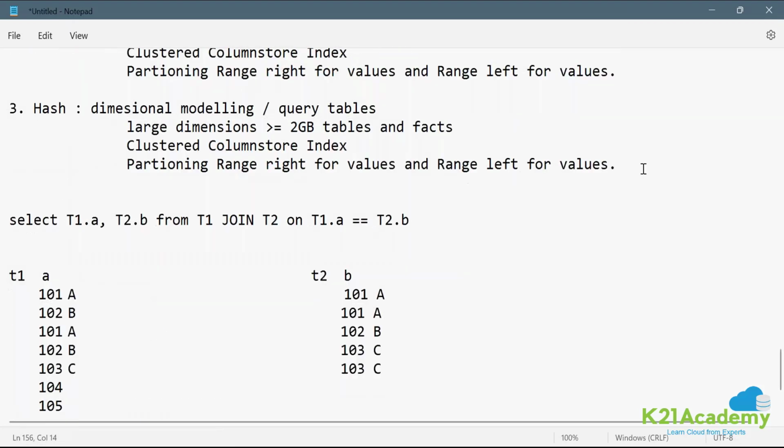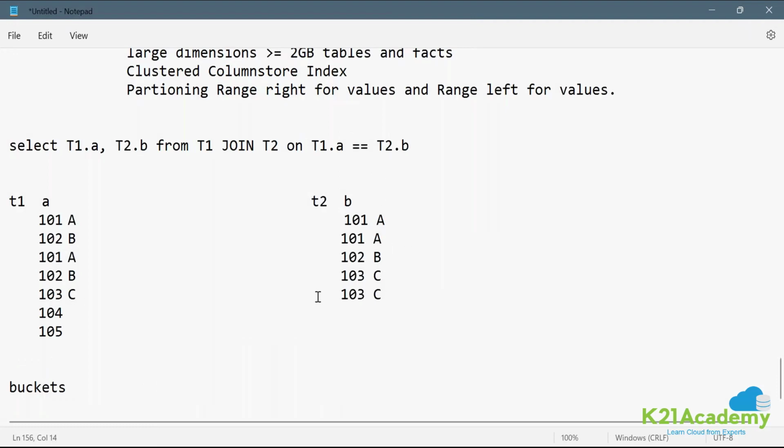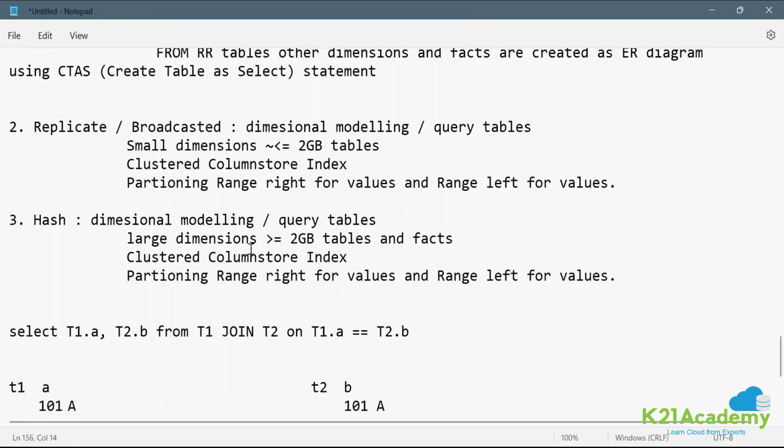So hash is used heavily for group by and joins. It computes the hash, all the like hashes are put in the same bucket, and because they are already partitioned into the same bucket, they are faster to join. Hash is again for dimensional modeling, query tables, large dimensions, more than 2 GB tables and facts.